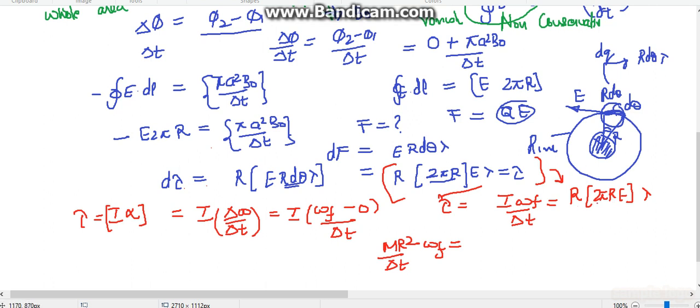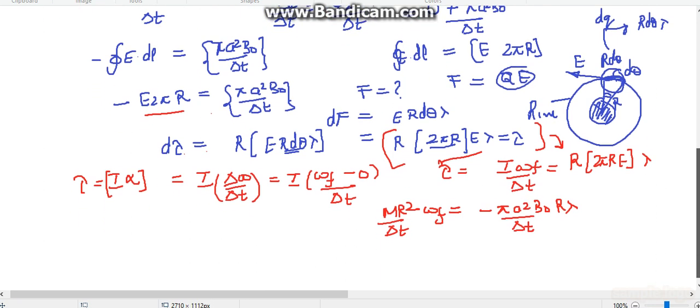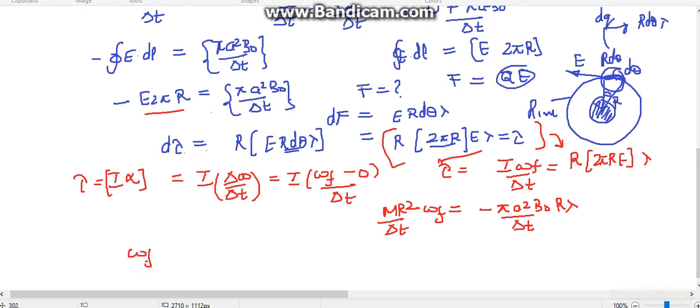What is the value of 2 pi R E? This is equal to minus pi a square B0 upon delta t. So the value of omega final is coming as minus pi a square B0 lambda upon m R. Let us check the values again.